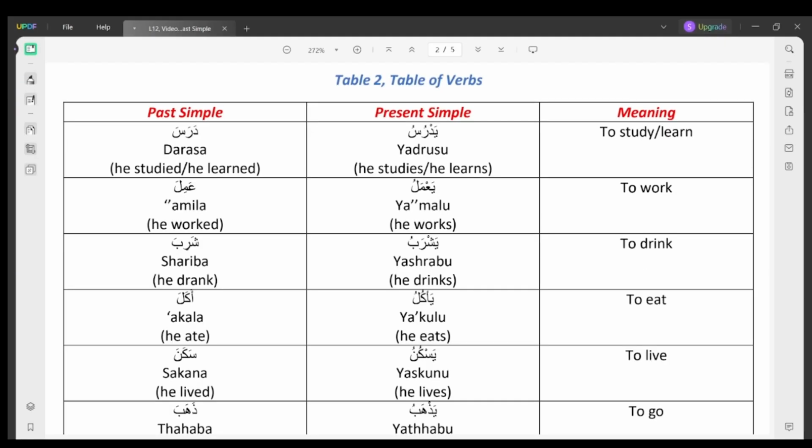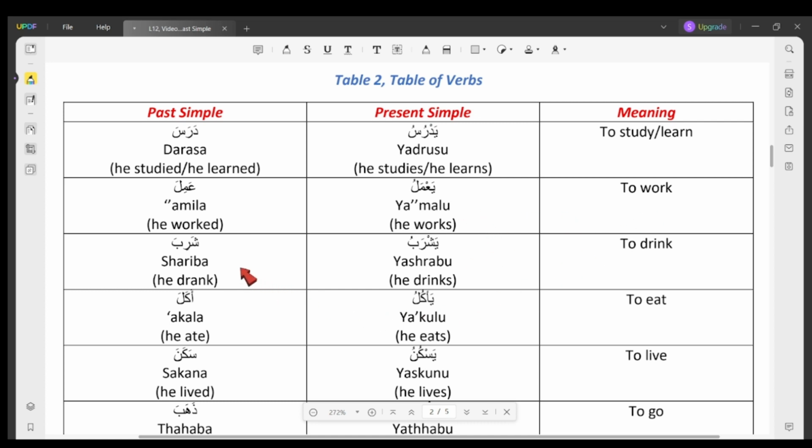Now let's move on to table 2 to look at the verbs that we're going to be using in this lesson. On the left side we have the past tense, and on the right side we have the present tense. Let's start with the first one. درس يدرس. This verb means to learn, to study. The second one, عمل يعمل, to work.